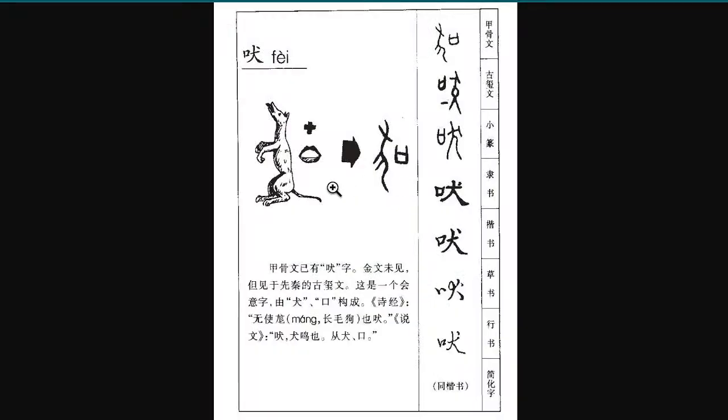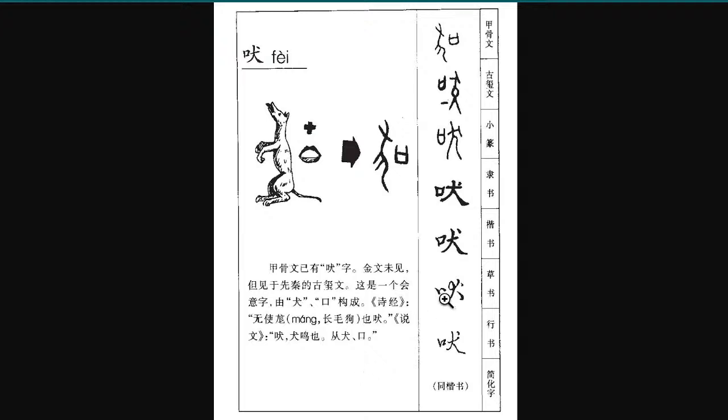This is very simple because the right hand side is the character 犬, which is dog. The oracle bone character for 犬 is literally a picture of a dog. And then dog plus the mouth piece represents dog barking. So it makes sense.